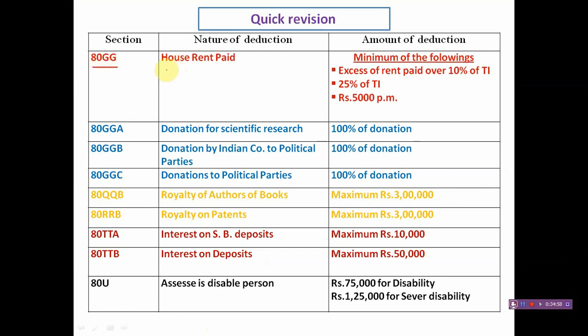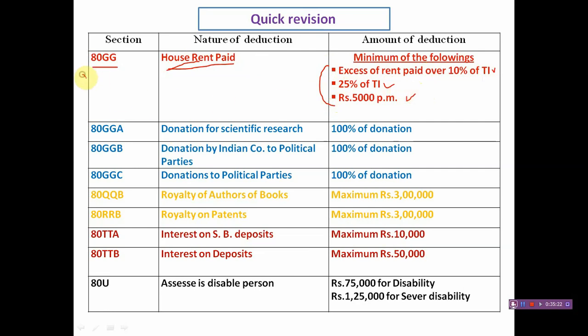80GG, house rent, it is in respect of house rent paid. Minimum of these three is allowed as deduction, that is excess of rent paid over 10% of adjusted gross total income, 25% of adjusted gross total income, rupees 5,000 per month maximum. Least of these is allowed as deduction.